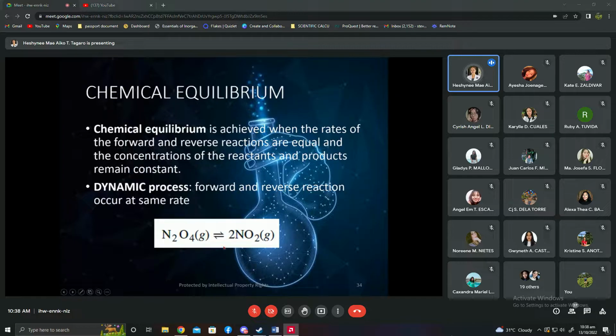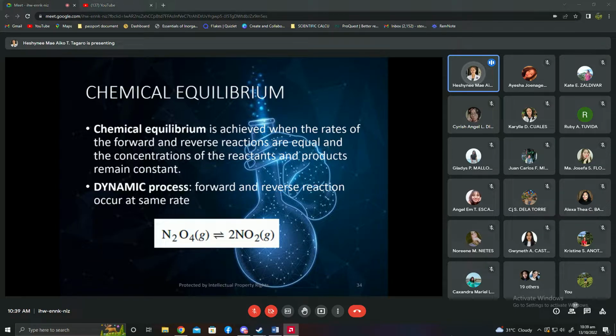And take note, we have a reverse arrow here, which means that the 2 moles of nitrogen dioxide can be converted back to dinitrogen tetroxide. So the formation of NO2 from N2O4 is what we call a reversible reaction.